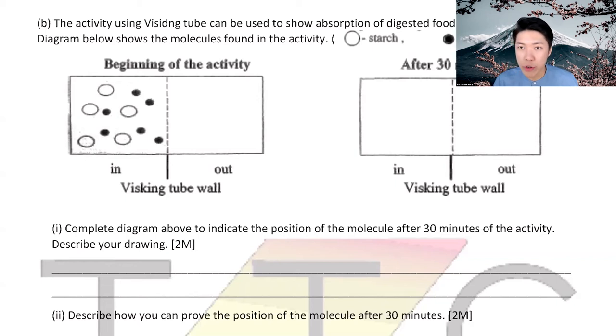Okay, 5 more seconds for you. We will look at question B. The activity using whisking tube can be used to show absorption.